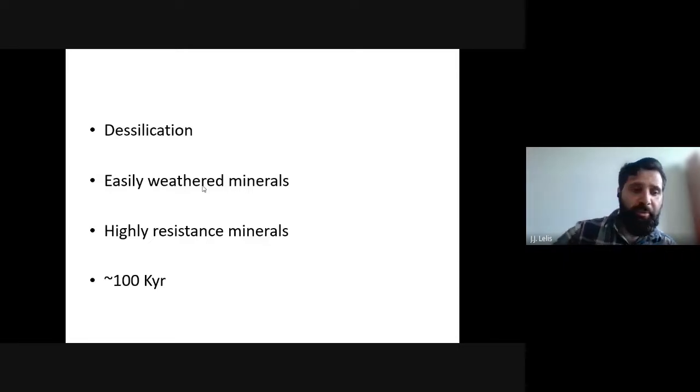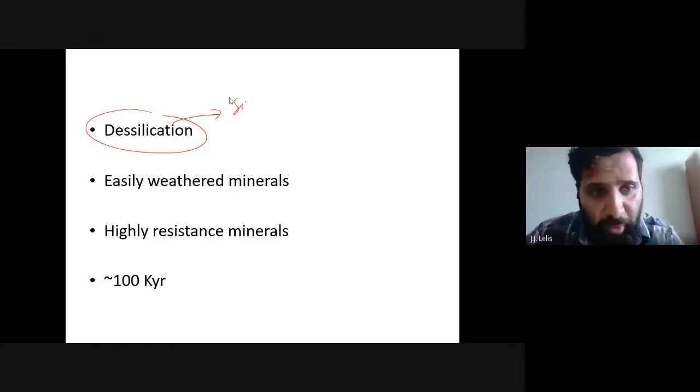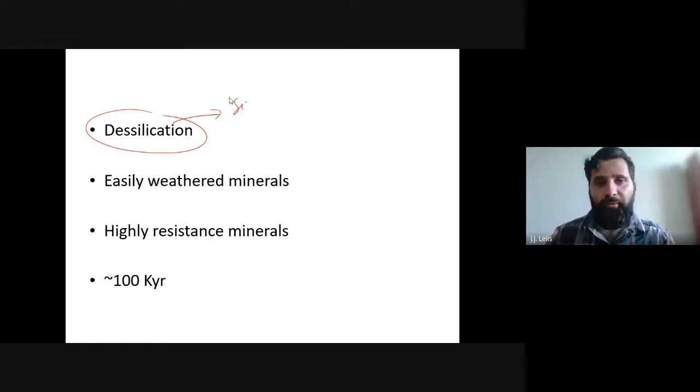And another process that is very important to understand the evolution of soil is the desilication, the release of silicon by the weathering of primary minerals. So this process is quite important, because it's common to at least all soils that we can think of.